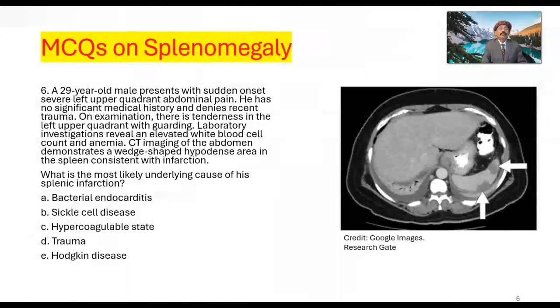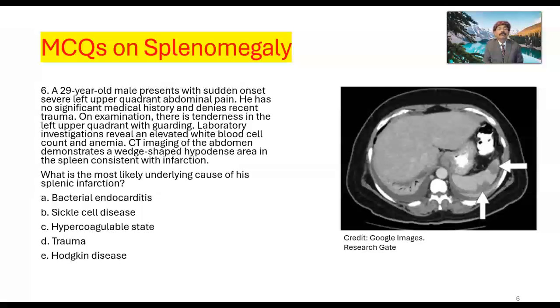Question number 6. A 29-year-old male presents with sudden onset of severe upper quadrant abdominal pain. He has no significant medical history and denies recent trauma. On examination, there is tenderness in the left upper quadrant with guarding.